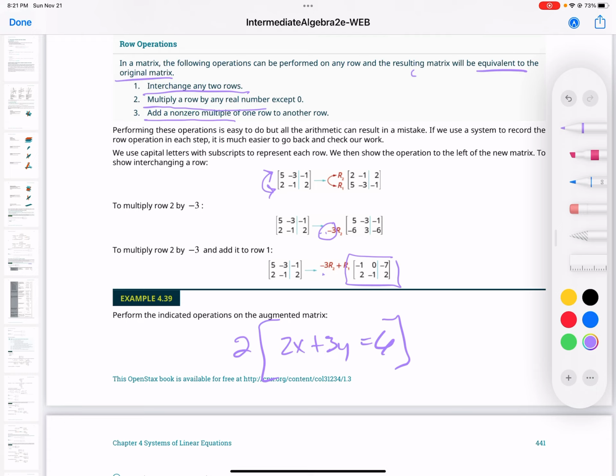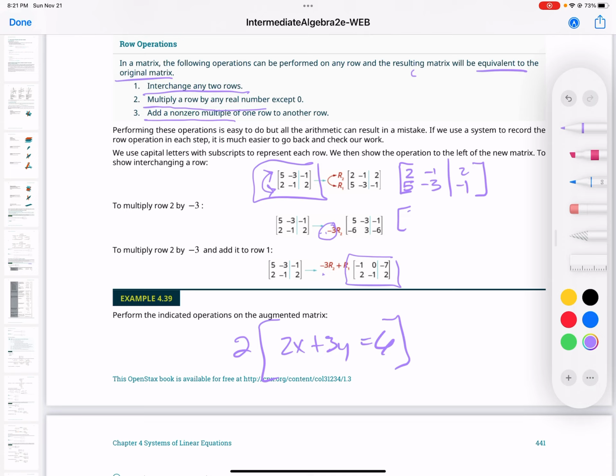So the first example says we're just switching rows. We're going to write our augmented matrix, and we're going to put the second row at the top now, and the first row at the bottom. So here we've done that. The next one says we want to multiply row 2 by -3.